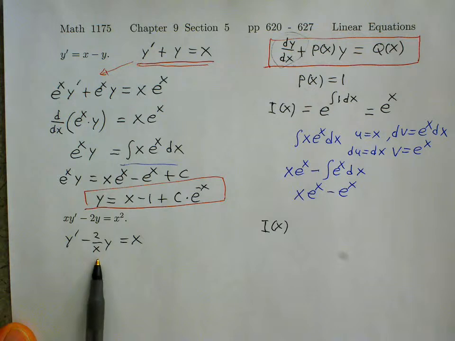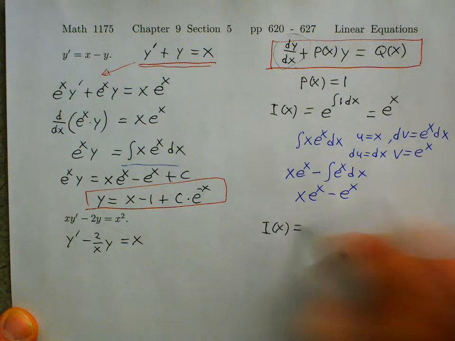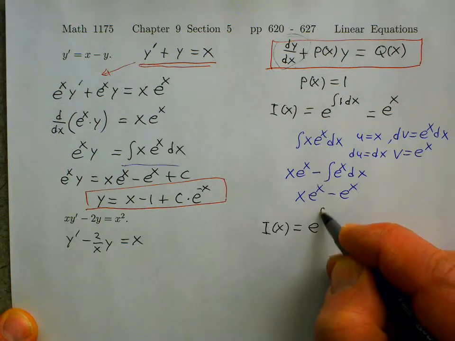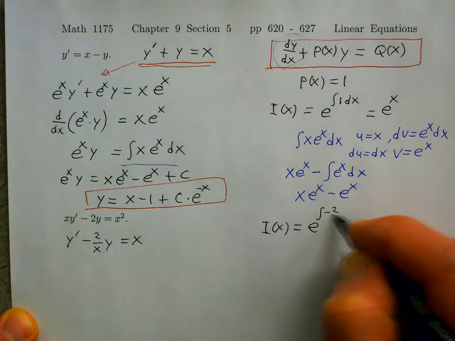So the p of x is negative 2 over x, not just 2 over x. See what I mean? So the integrating factor is e to the integral of negative 2 over x dx.